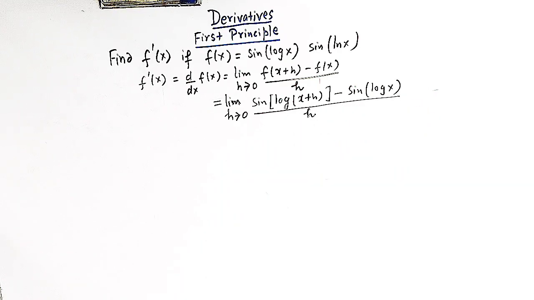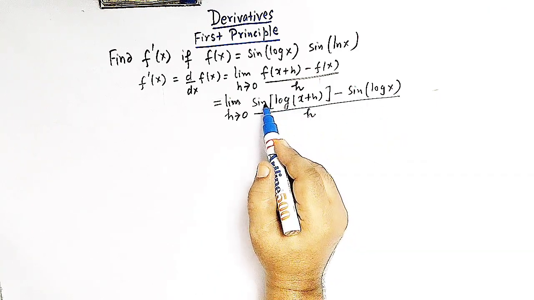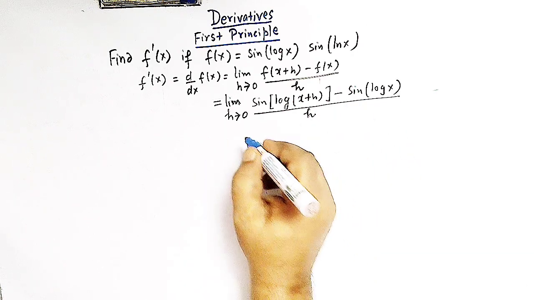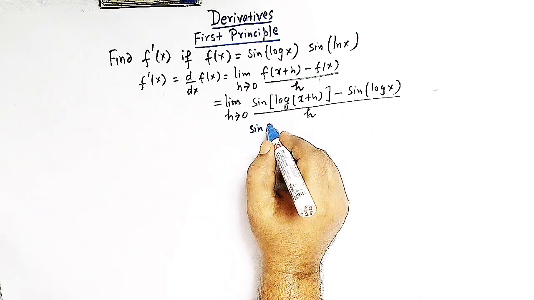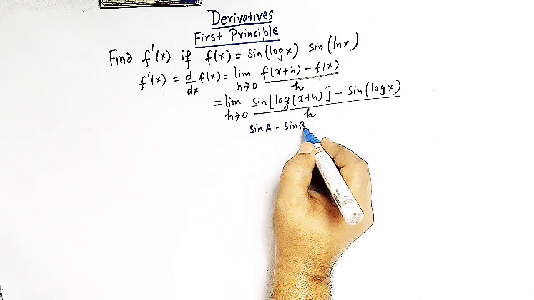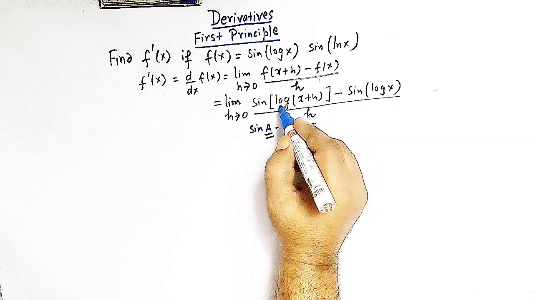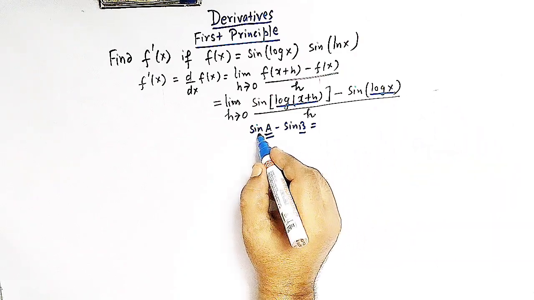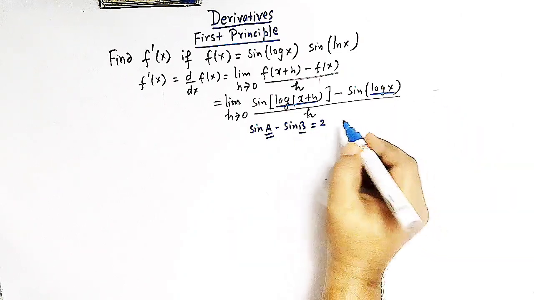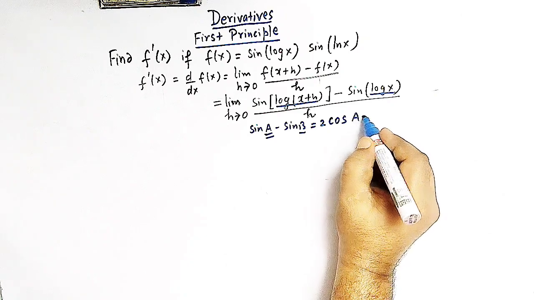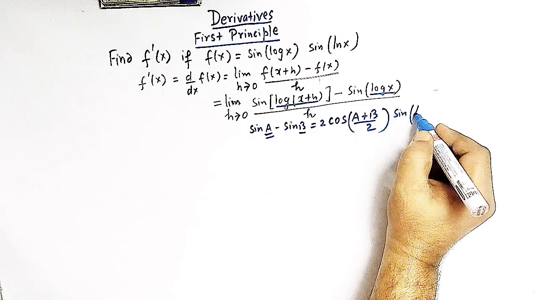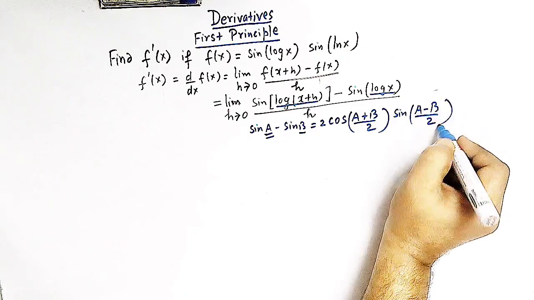Now, to simplify the numerator, that is the difference of two sine terms, we will make use of an important identity from trigonometry, that is sine a minus sine b. Here our a is log of x plus h, and b is log x. Sine a minus sine b is equal to 2 times cosine of a plus b over 2, times sine of a minus b over 2.